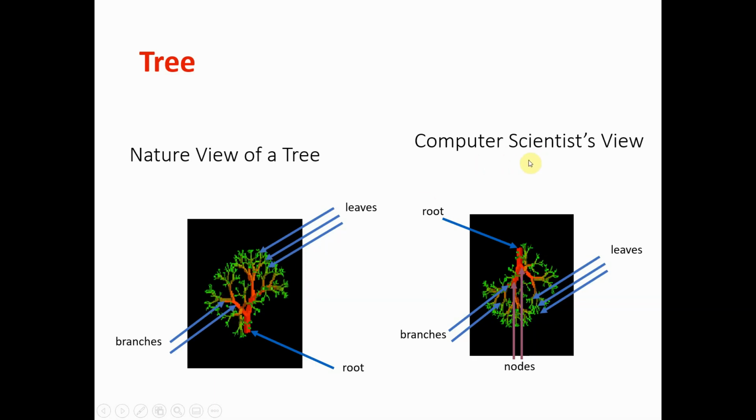In computer science, it's the upside down version of what we are used to in nature. So the root is at the top, and through some branches that we call edges, we go to different nodes, and we have more edges, and eventually we get leaves at the end.